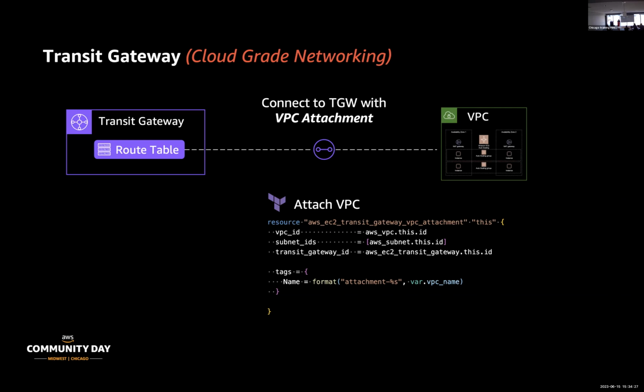And one thing to add, using the defaults: when I create a transit gateway and I attach a VPC with the defaults, it's going to automatically enable route table propagation and use that default route table that the transit gateway created.